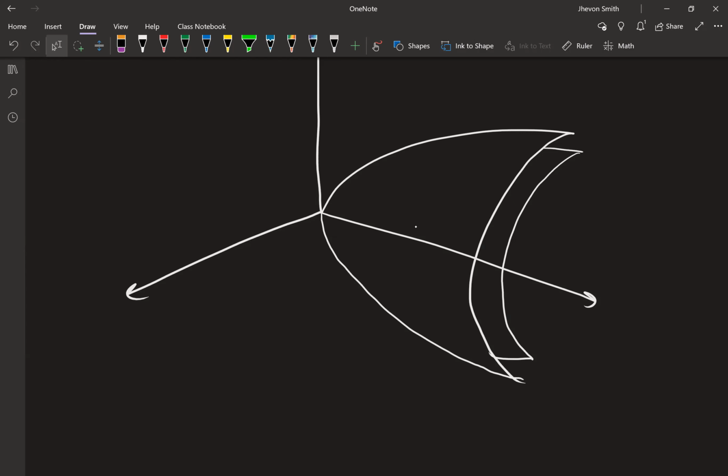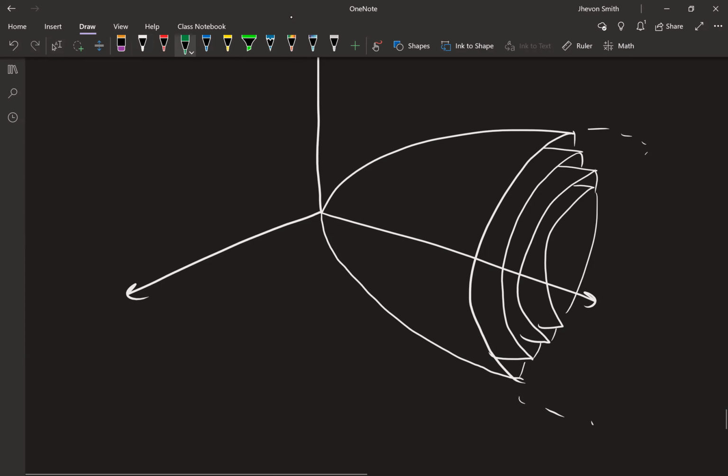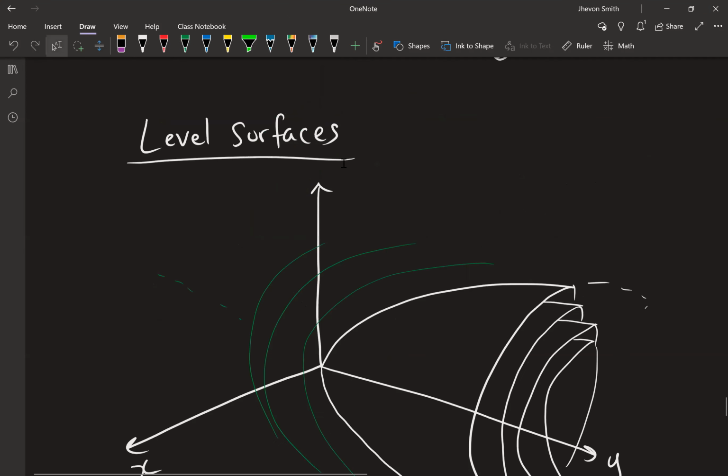Concentric paraboloids going all the way down. And of course, it goes all the way back there. And there are, of course, bigger ones going here, going all the way back. But yeah, if you see a picture like that, that's the picture you would match with this.